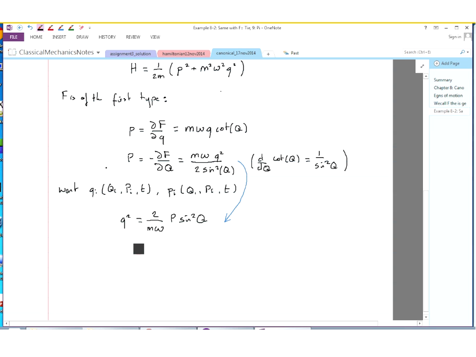Now I also want to write out what p squared is equal to.